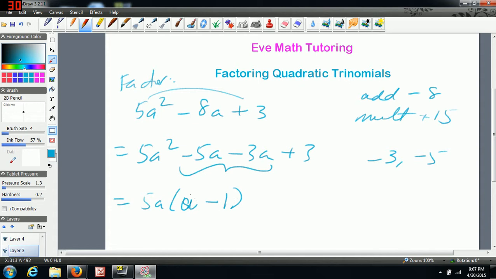And I kind of don't want that because I want these two brackets to be the same. So it would probably be wiser to take out the negative 3. And when you do that, you get positive a minus 1.